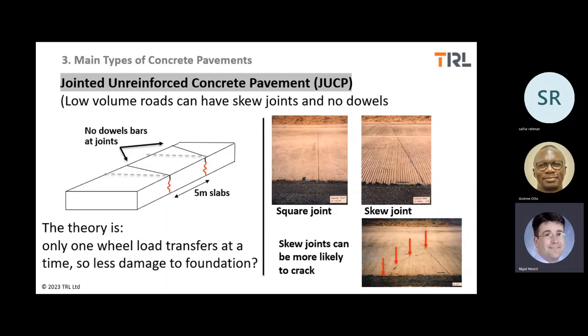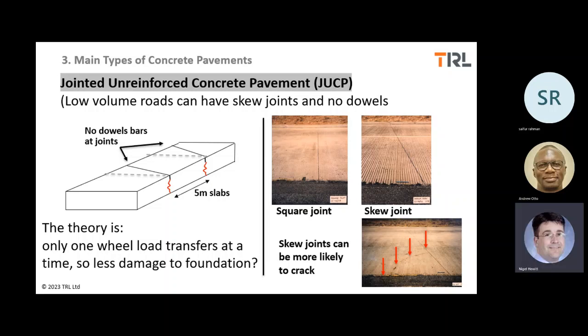I think of this as a cheap version of the jointed concrete pavement. I cannot put a figure on it, but if you had a few HGVs a day, that's fine. More than that, I would not recommend.